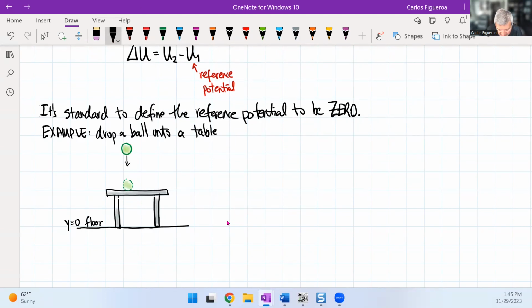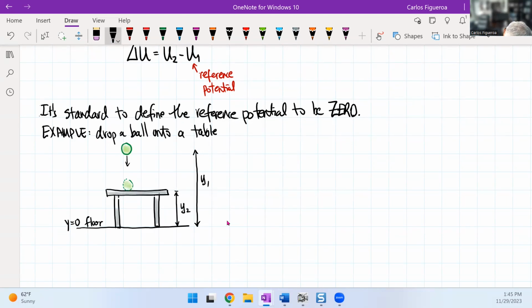So if I look at this reference of setting y equal to 0, what does this mean? I'm going to say that the height of this guy is going to be y2, and the height of the ball initially, I'm going to call y1.